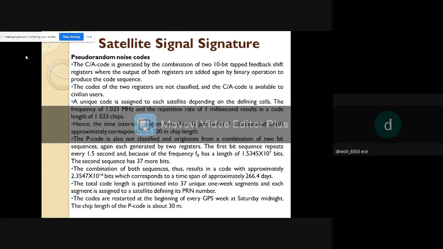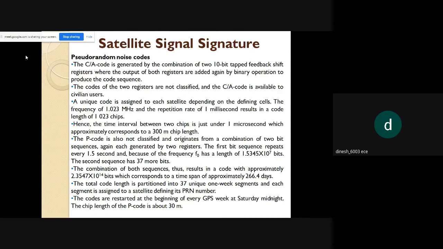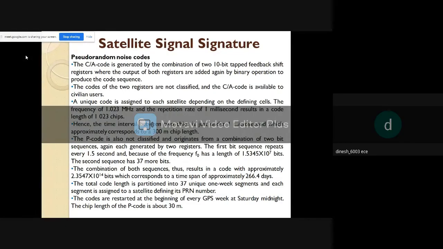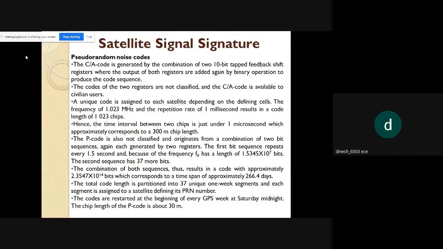The second sequence will have 37 more bits than this. The combination of the first and second bit sequences results in a code with approximately 2.3547 × 10^14 bits, with a lifetime span of approximately 266.4 days.